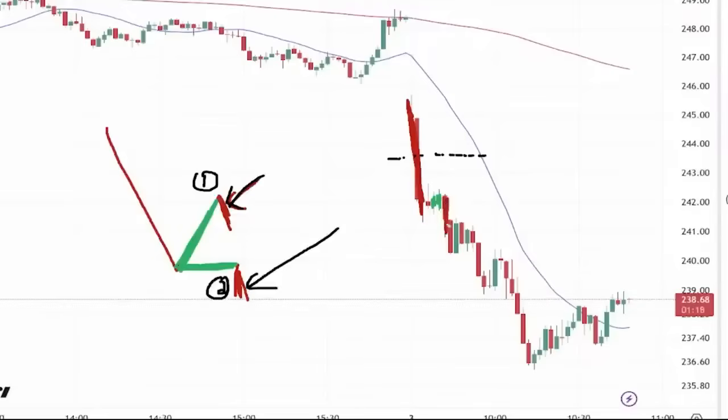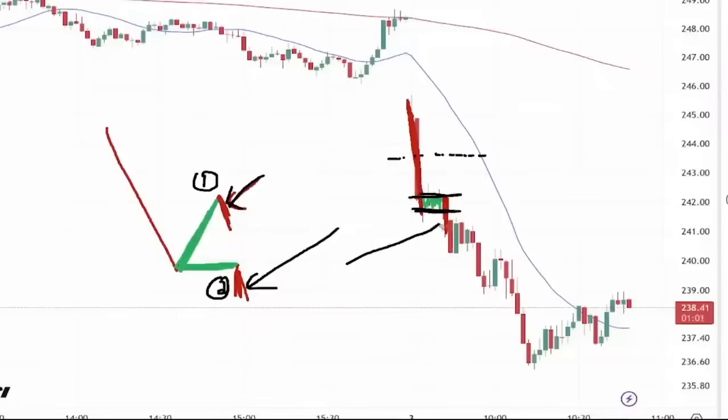Boom. So you got this version. And boom. There's your leg 2.